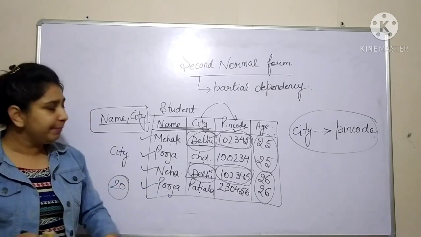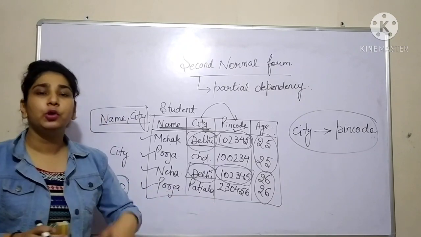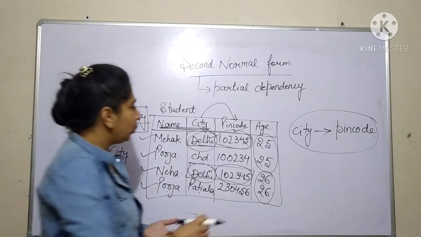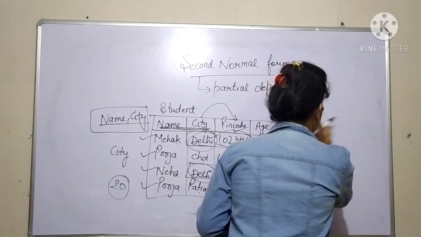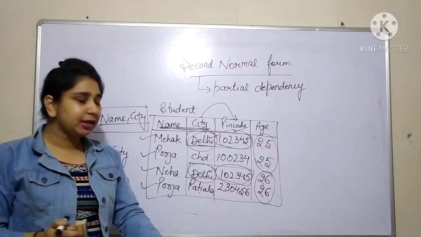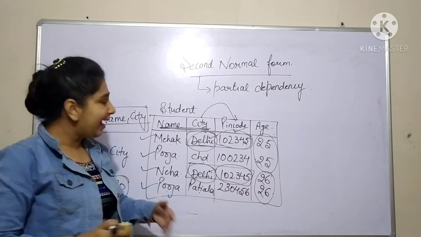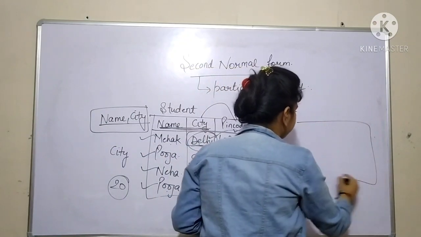Okay, so I am going to decompose this relation into two relations. I am decomposing this relation and making one separate relation.